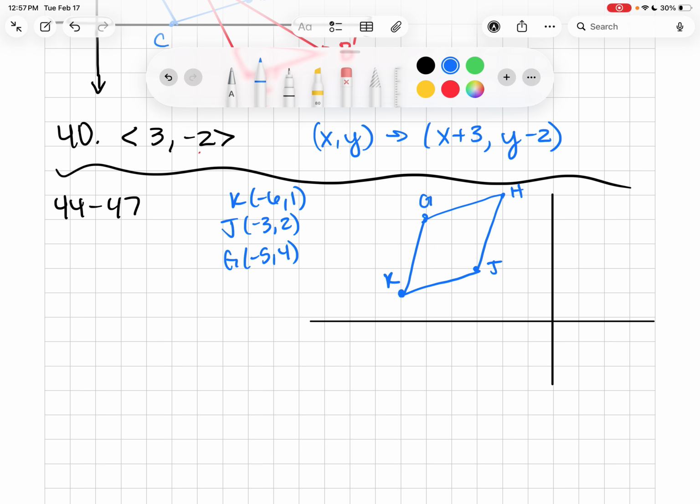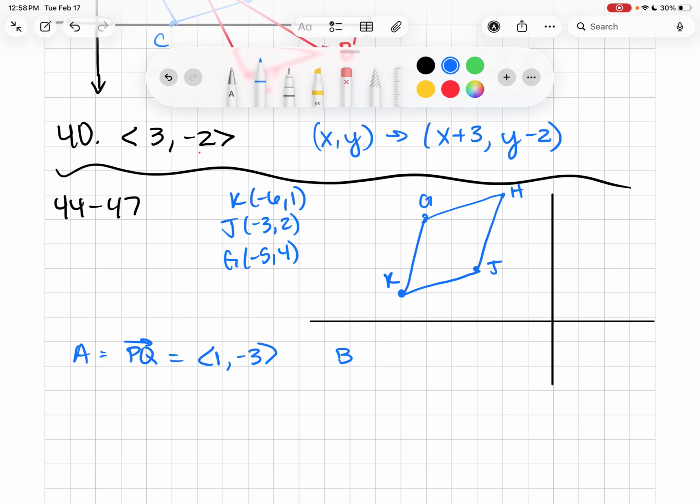So what they've done is they say the vertices of the image of GHJK after a translation are given. Choose the vector that describes the translation. So A is the vector <1, -3>.